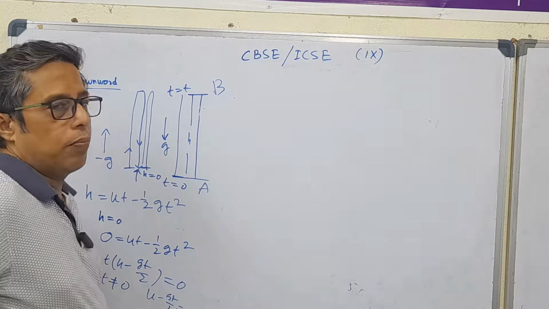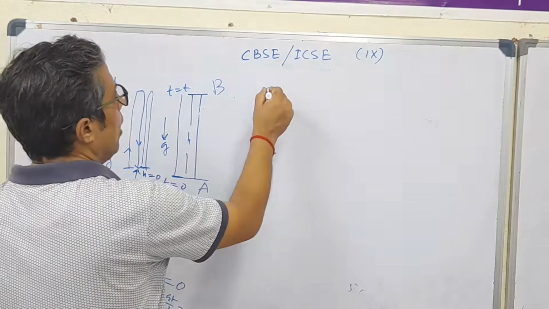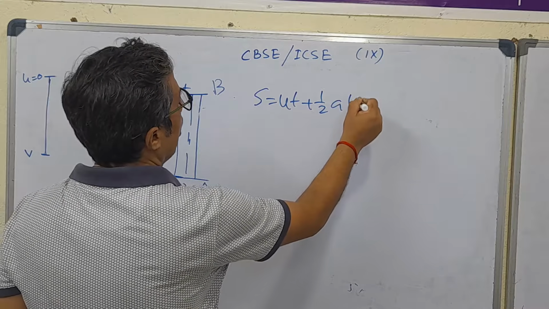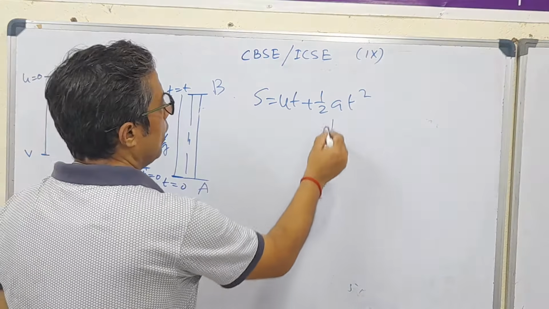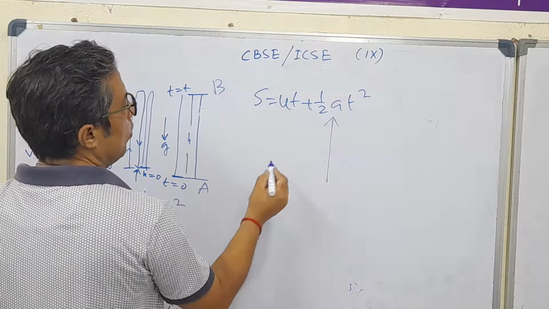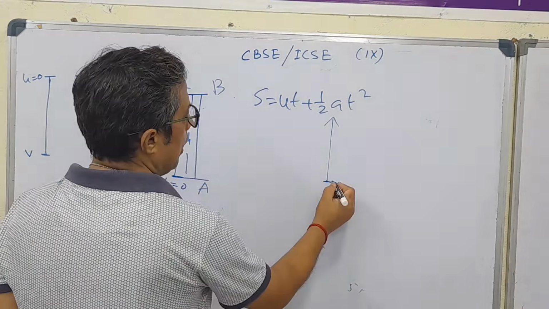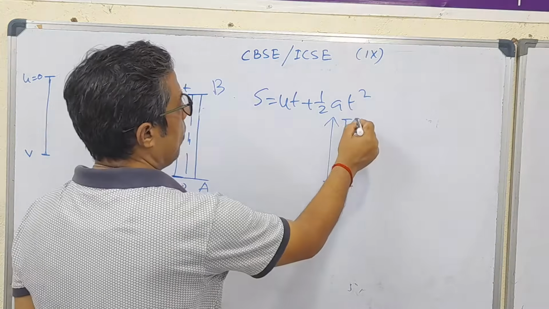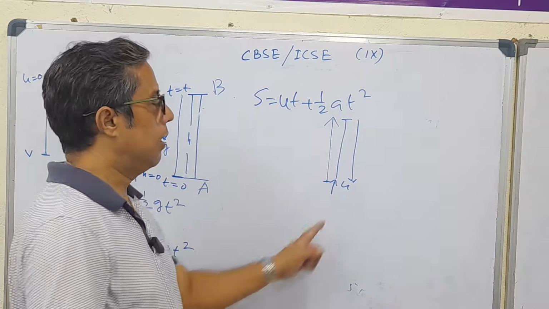The basic equation you know is s is equal to ut plus half at square. Considering the upward motion, I throw a ball with velocity u, it goes up, reaches maximum height, then again comes back to this position.